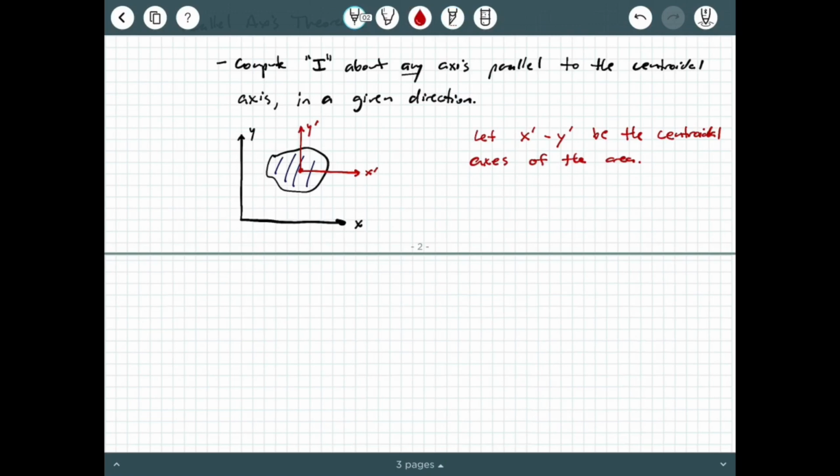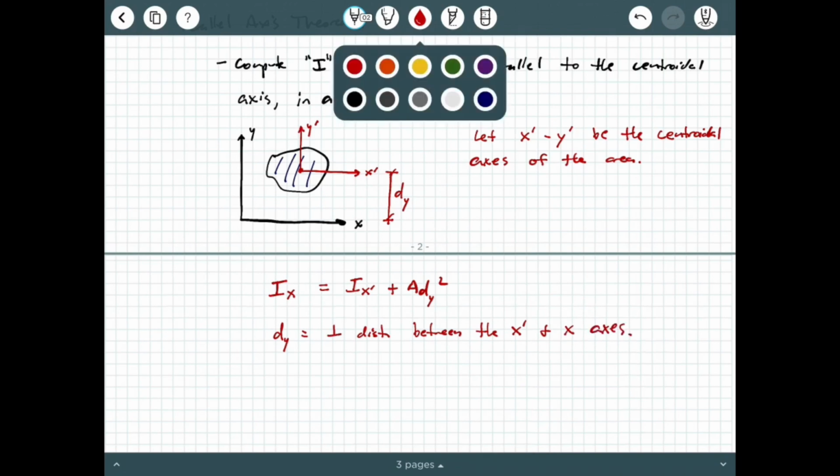So the way we would write that mathematically is, let's say that I want I sub x. I would say I sub x is equal to I sub x prime plus A times d sub y squared. And d sub y is going to be this distance right here.